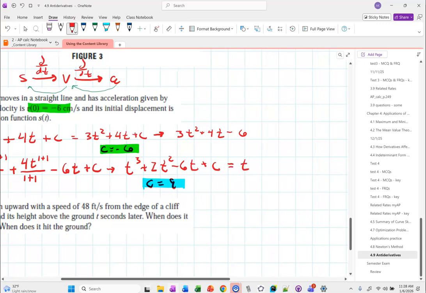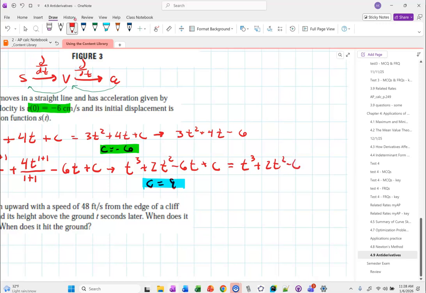So when you see that you're given that point at 0, that makes life so much easier. Plus 9. So there's our position function. Does that feel all right?